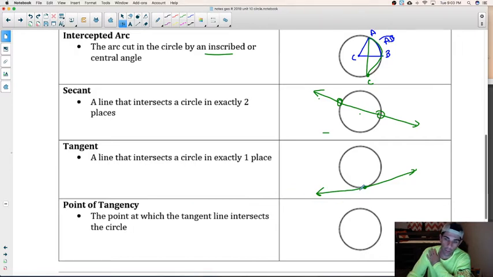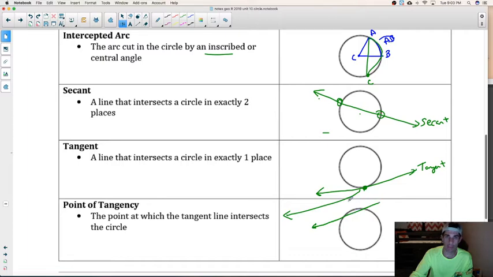And that 1 spot that it's hitting is called the point of tangency. So this is the tangent line. This is the secant line. And that point where the tangent line hits is called the point of tangency. And that's 1 point. So there's all of our definitions that we're going to look at today.